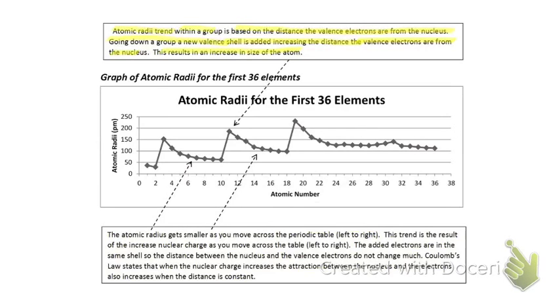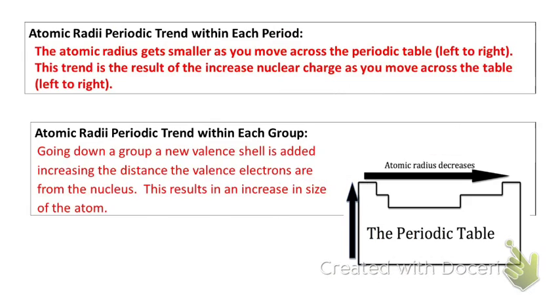Down a group is based on the distance, using Coulomb's law, and within a period, going from left to right, it's all about the magnitude of the nuclear charge. So to summarize all of this, the atomic radius gets smaller as you move across the periodic table, left to right. This trend is a result of the increase in nuclear charge as you move across the periodic table, left to right.